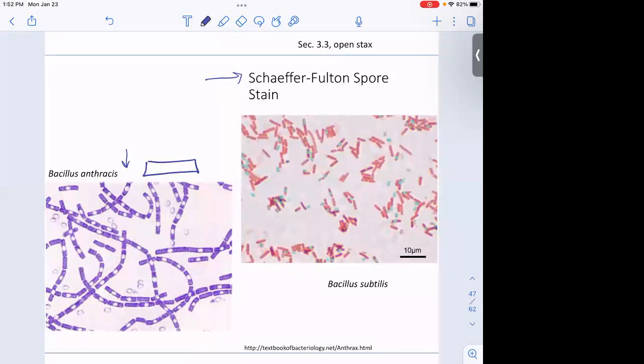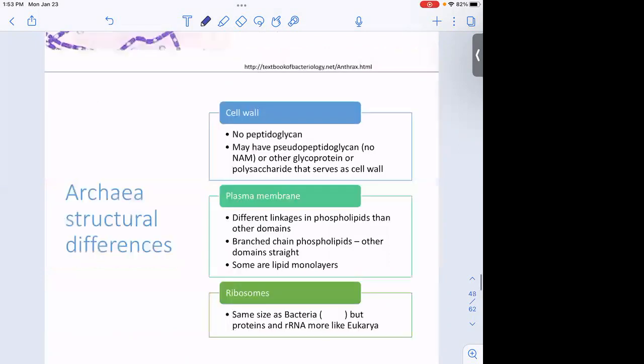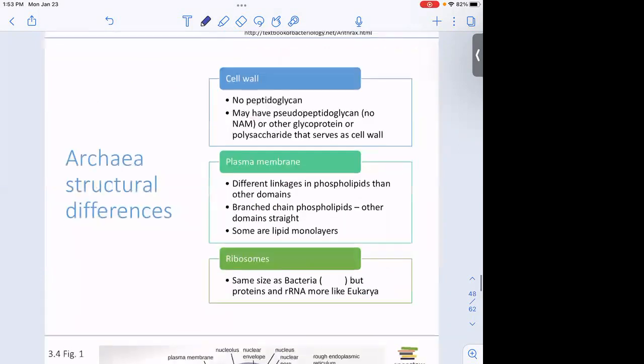That looks like a gram stain actually. When you gram stain these cells, the spores don't take up the gram stain very well, so you see this empty white circle in the middle of the cell. That's the spore.